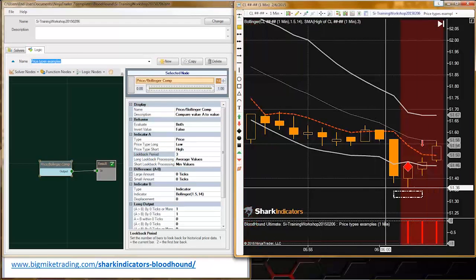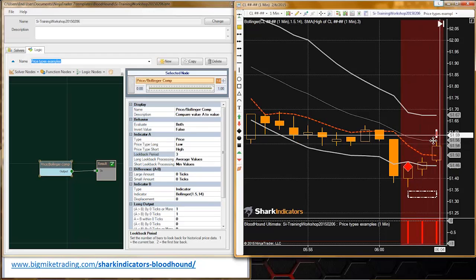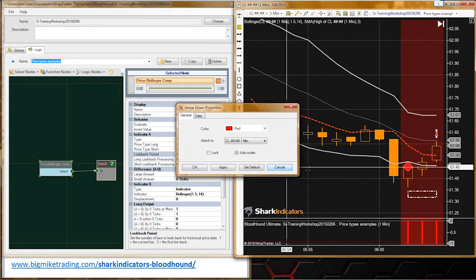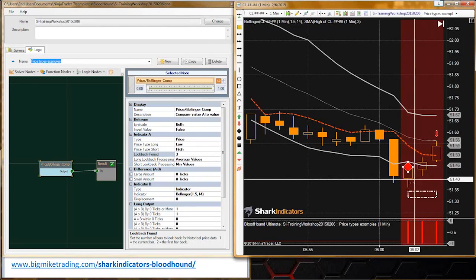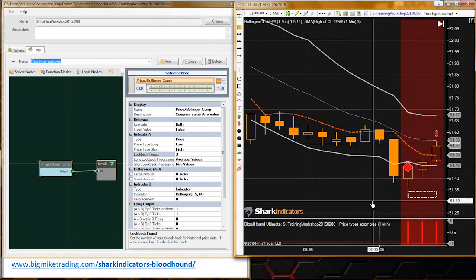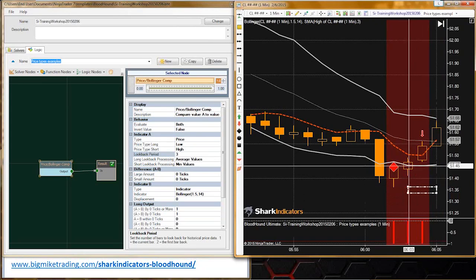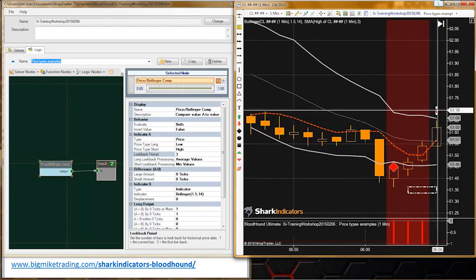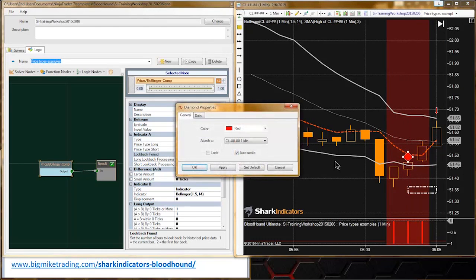We'll step forward another bar, and this bar is still included in our look back period. And now when we step forward, here we go, now this is the low within our look back period.